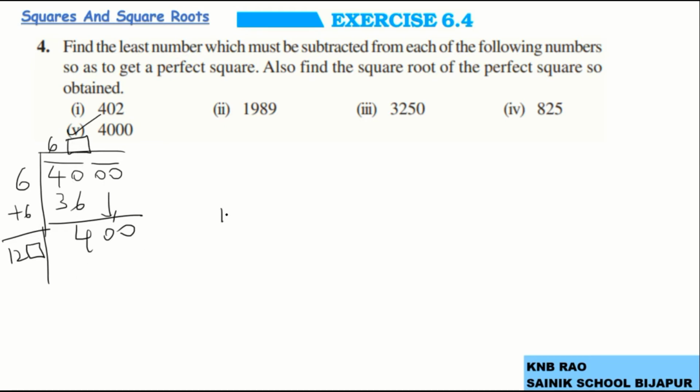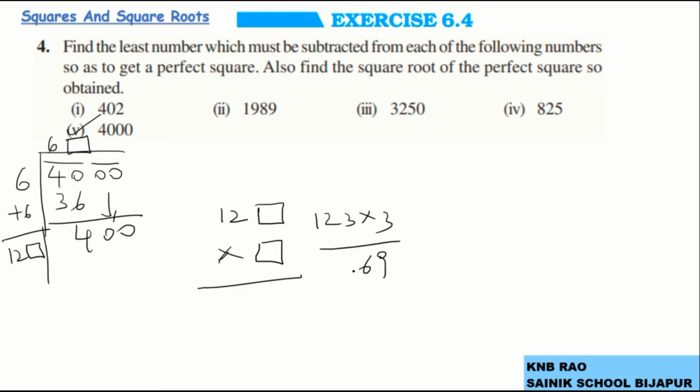So 12 box multiplied by box, that box to be chosen by trial and error method, a right digit. Here if I choose 3, 123 times 3 is 369. So I'll have difference as 31. Obviously here the smallest number to be subtracted is 31.